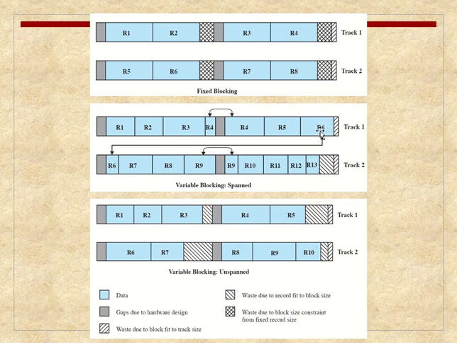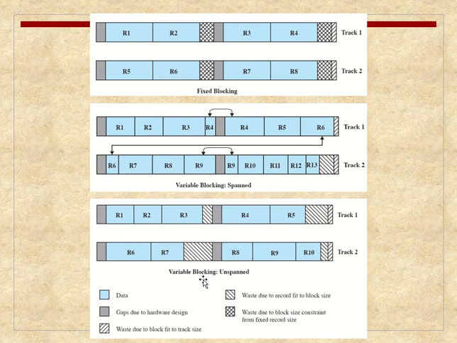For example, this record 6 here: part of it is in track 1, and some other part is in track 2. So this makes efficient use of storage, but it's actually hard to implement.